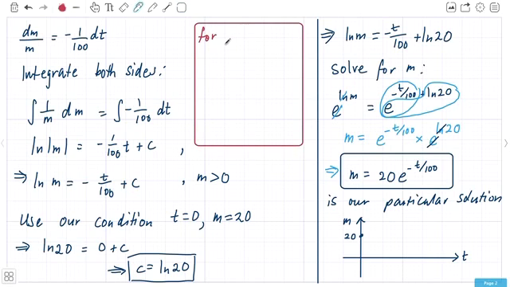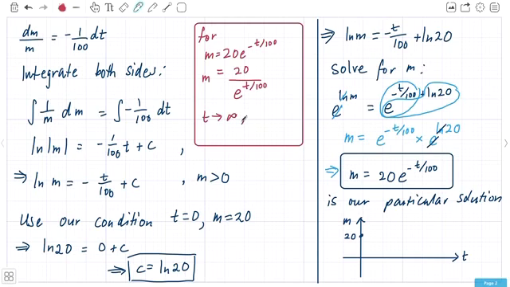We've got 20 e to the negative t on 100, which is really the same as 20 over e to the t over 100, because the negative means that it's divided. Okay, what I want to think about here is what happens as t goes to infinity, so as t goes this way.